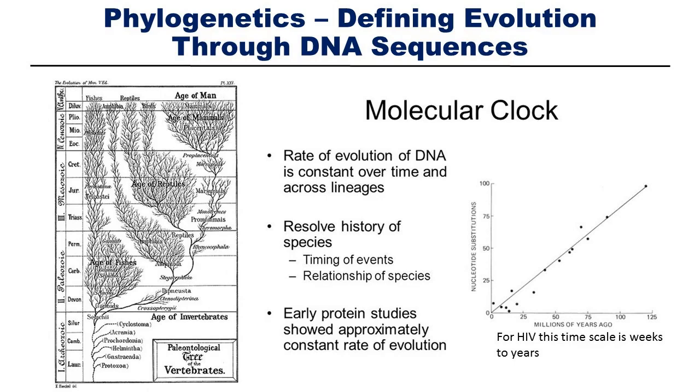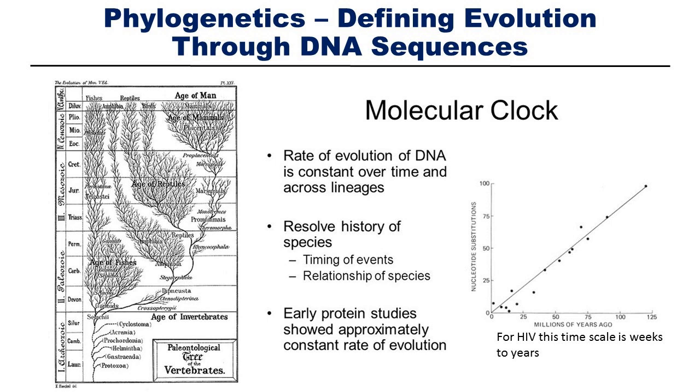So if we think about phylogenetics, we have to think about where it arose and why this is important. Fundamentally, phylogenetics is defining evolution through DNA sequences.